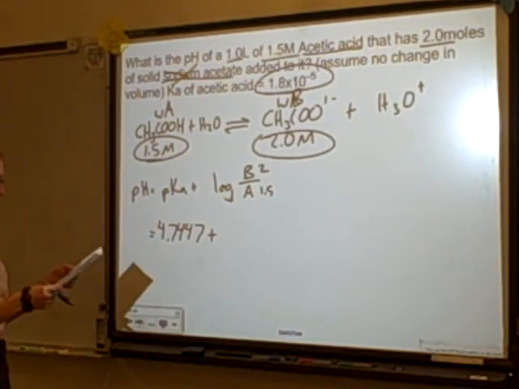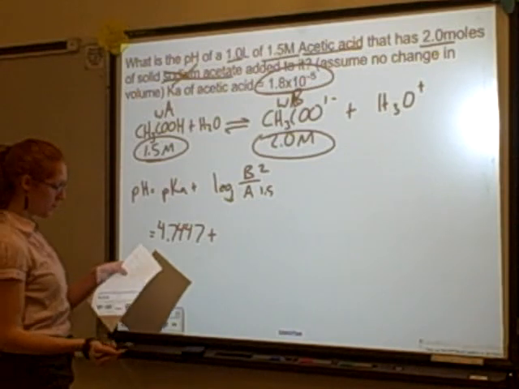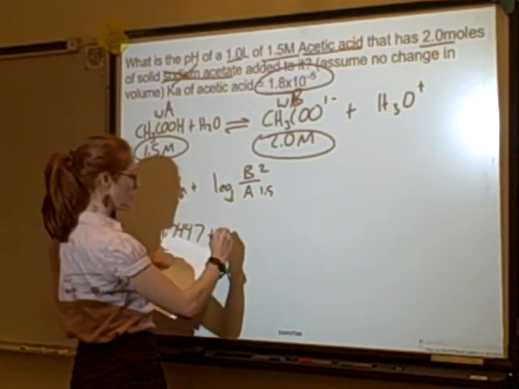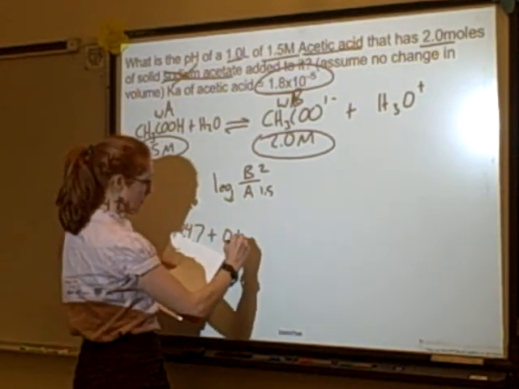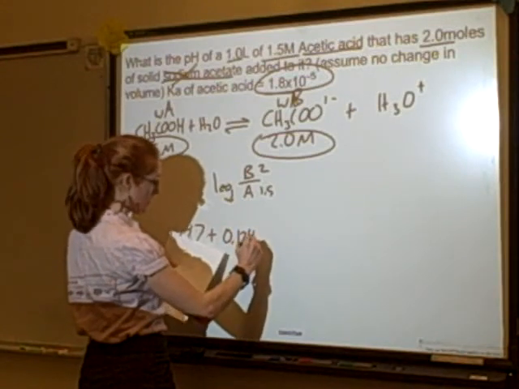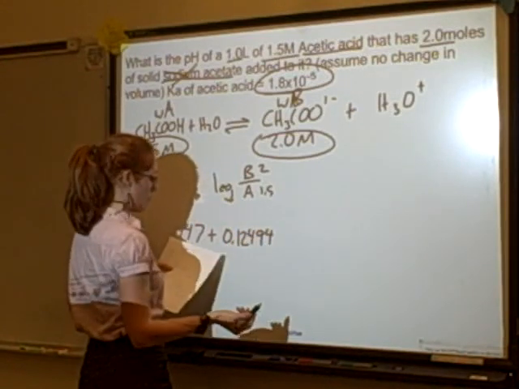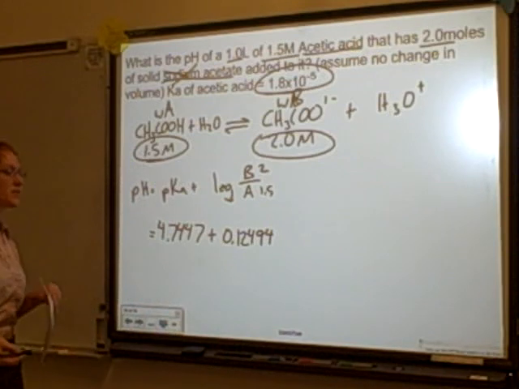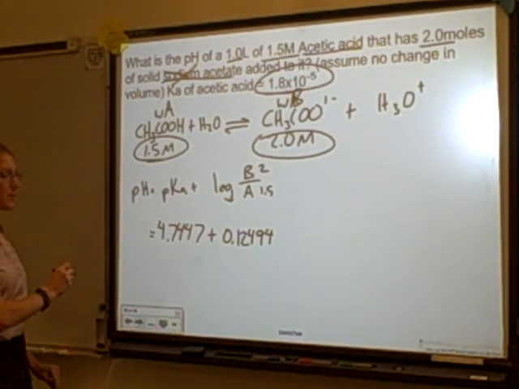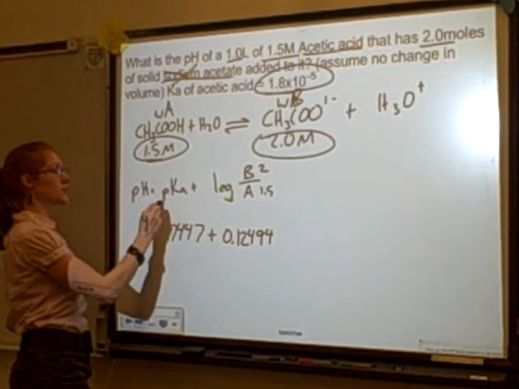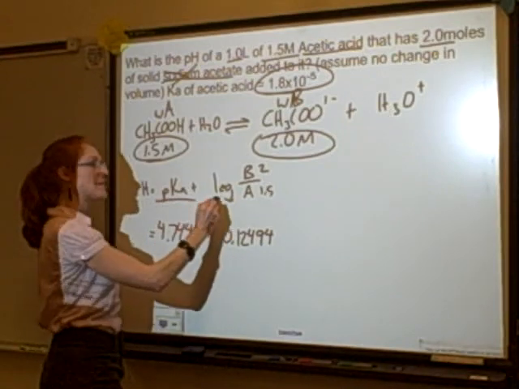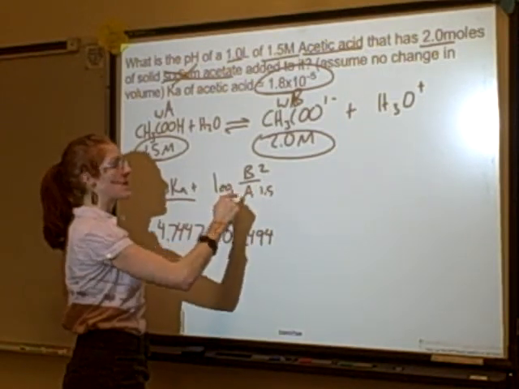Okay, so log of 2 over 1.5. When I log that, make sure you try that at home and can do that because, well, you know, I'm going to write down an answer eventually. So, okay, so the pH is really similar to the pKa, and it's slightly adjusted by the amount of base and acid.